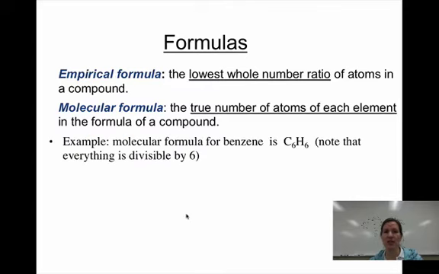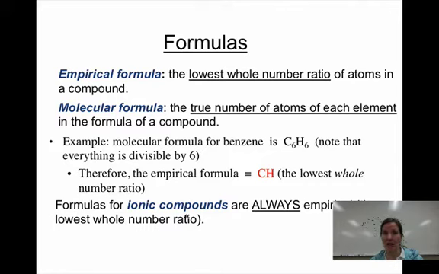So if you look at this, really, ionic compounds are always empirical formulas because those are the lowest whole number ratios of the elements. Molecules, on the other hand, aren't empirical formulas. But with this particular problem set, we can only get empirical formulas out. So to get the true formula, you actually need a little bit more information, and I'll show you how that works.